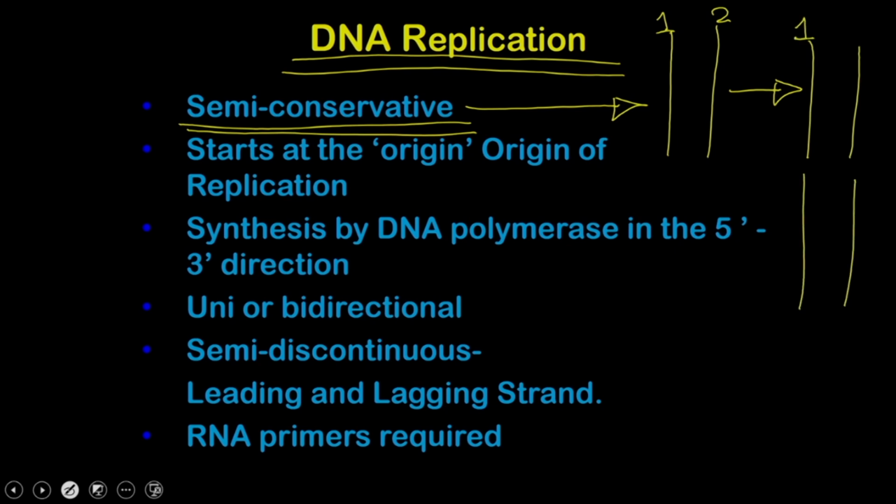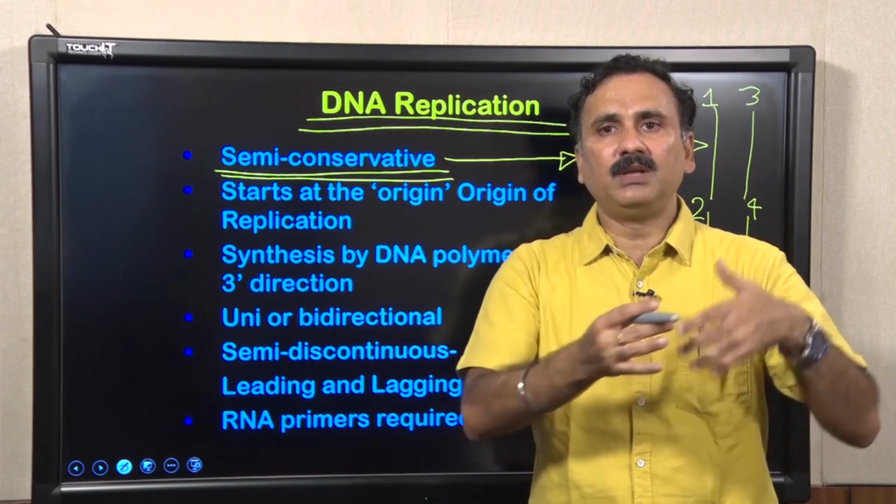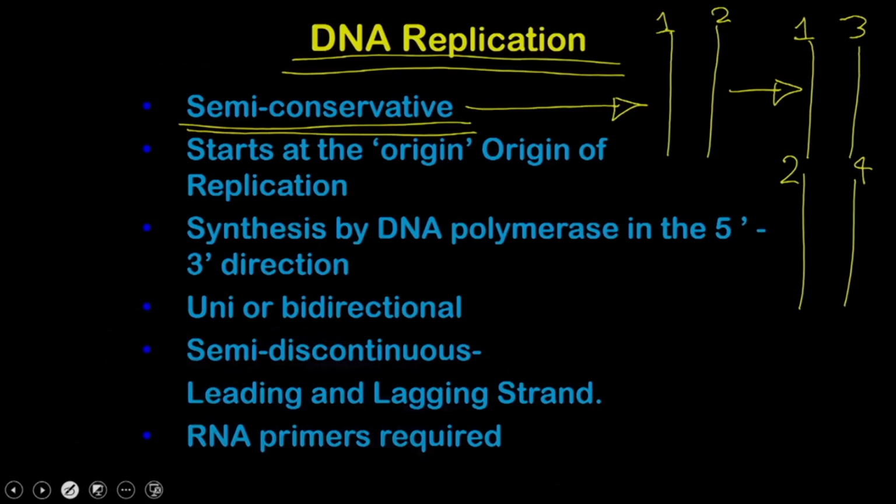But in these four strands, 1 and 2 are going to be separated, and 3 and 4 are going to be synthesized. So the new strand being synthesized is going to make a pair with the original strand, and this process is called the semi-conservative mode.